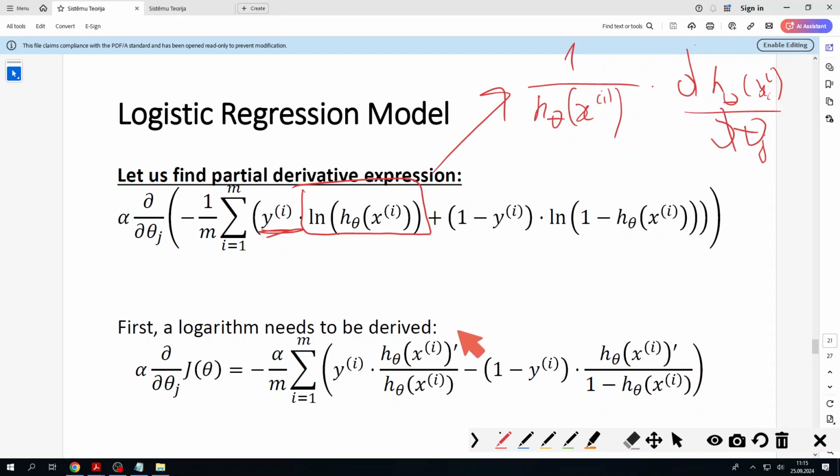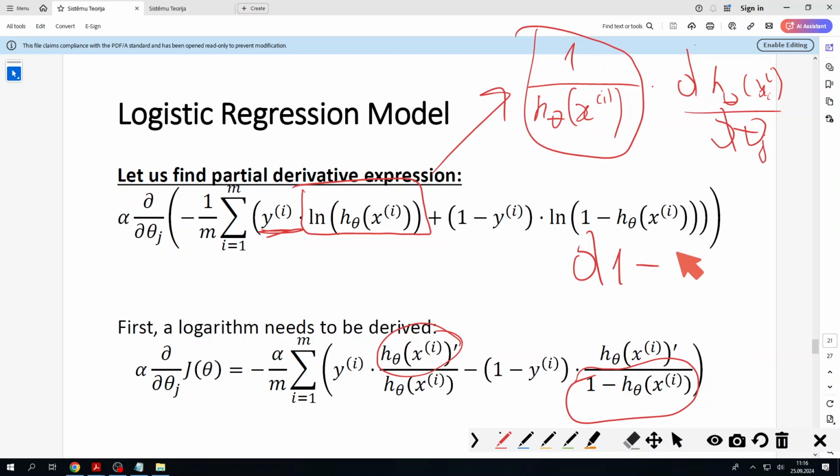Yes? So this is what you can see here, that we have calculated the derivative of the logarithm itself, and then we need to calculate derivative of what this logarithm is calculated from, of the brackets, of the argument of the logarithm. Similarly, it works for 1 minus logarithm. Yes, so here you have 1 minus h theta, and here you have h theta as well, because calculating the derivative of 1 minus x, yes, is actually simply calculating derivative of x.